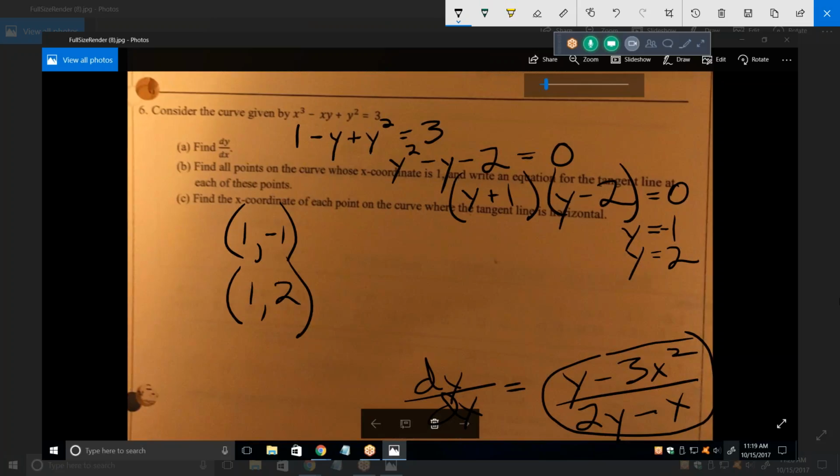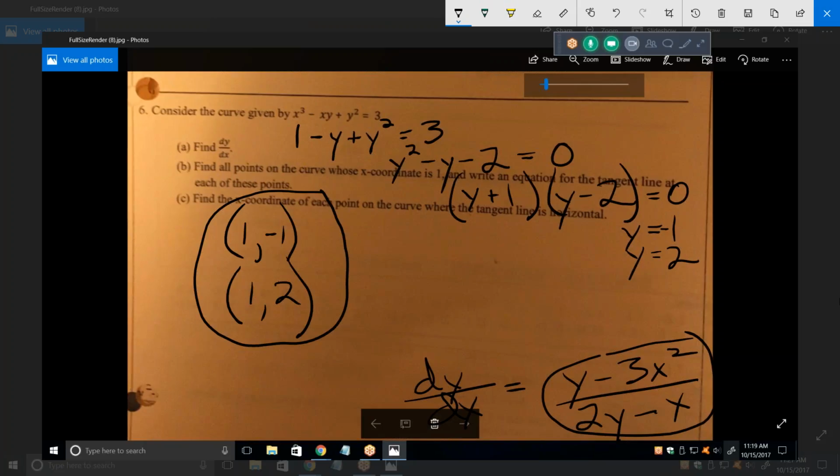By substituting 1 for x in the original equation, we found a quadratic that could be solved. So whenever x is equal to 1, y has 2 different possibilities, minus 1 and 2.